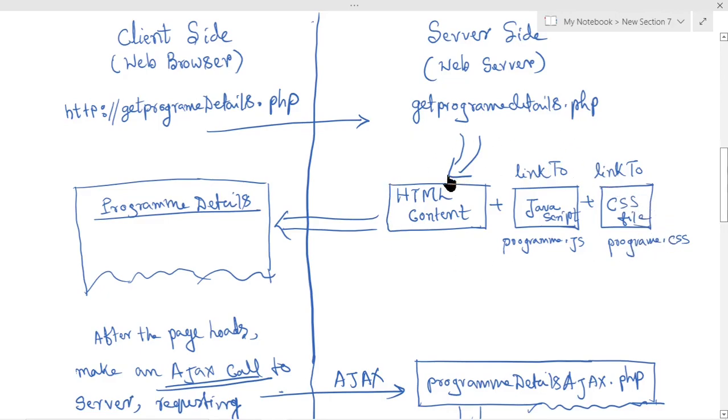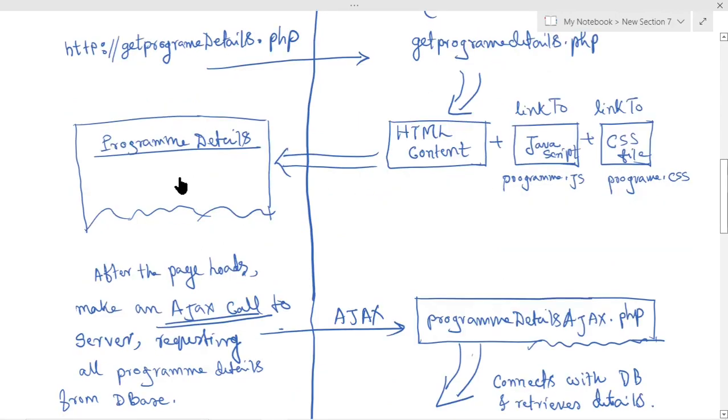Once this output is generated by the execution of the specific PHP file, it will be sent back to the client machine. When the client browser receives this response from the server, it first renders the HTML content on the screen. In this specific example, we want this initial HTML content to contain only the heading of the page. The rest of the page we want initially to be blank.